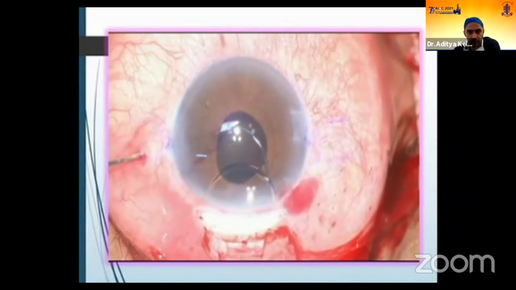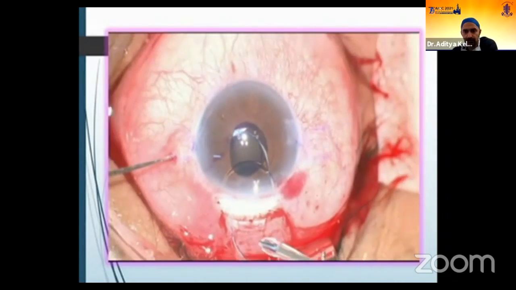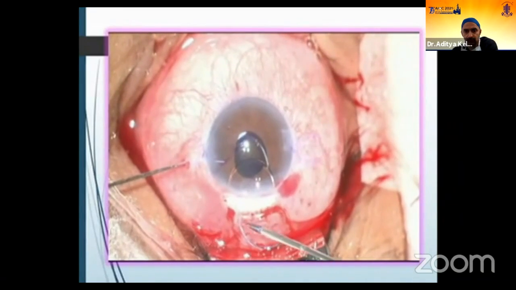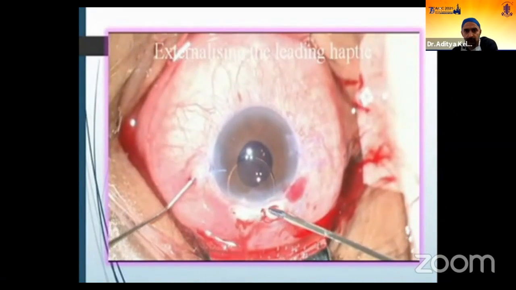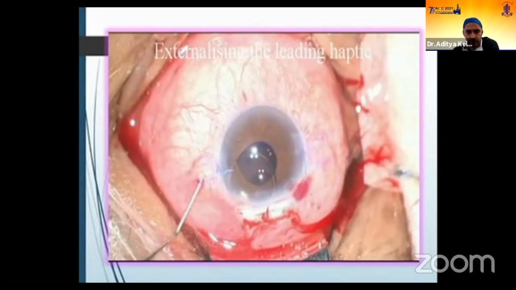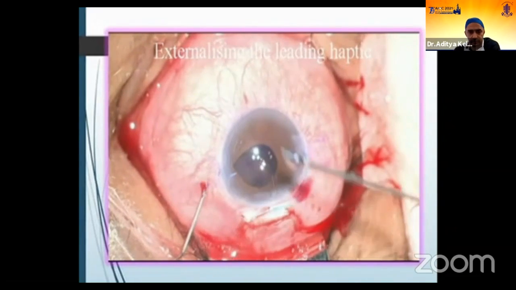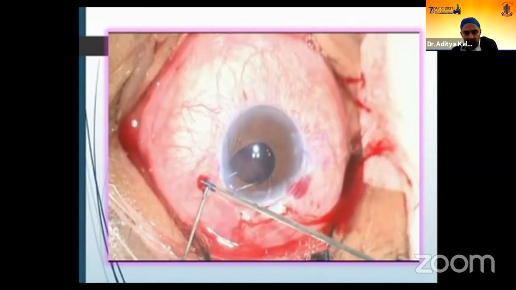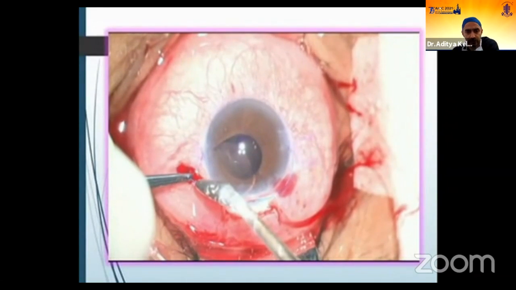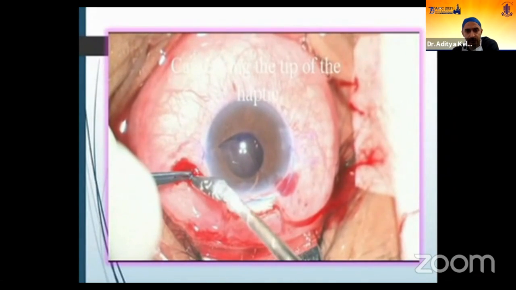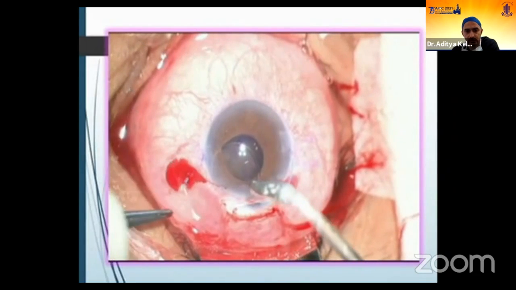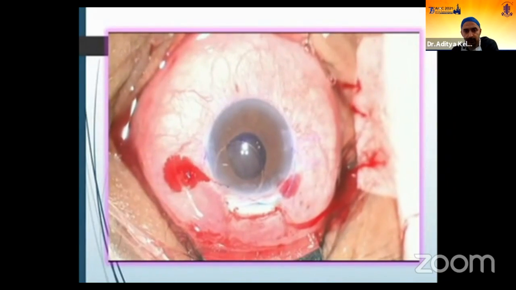The haptic is threaded into the needle. And once the first haptic is externalized, only then we are going to proceed with the other one. This technique can be especially useful for beginners so that they don't land up with complete dislocation of the lens during scleral fixation of the eye.